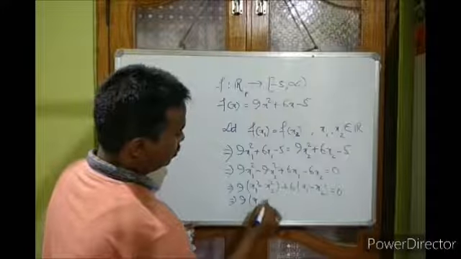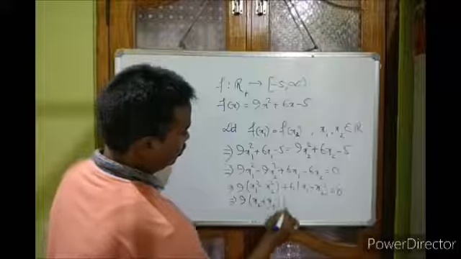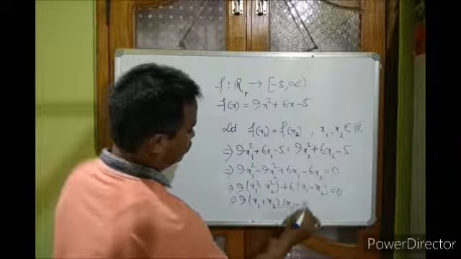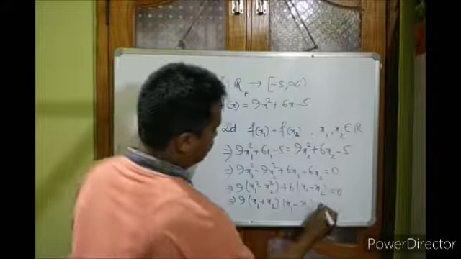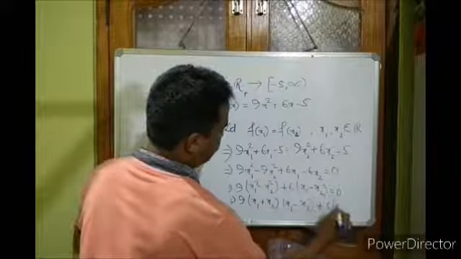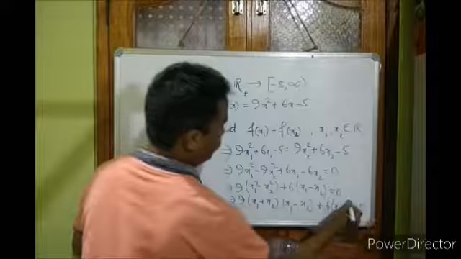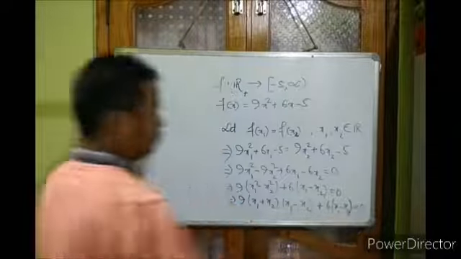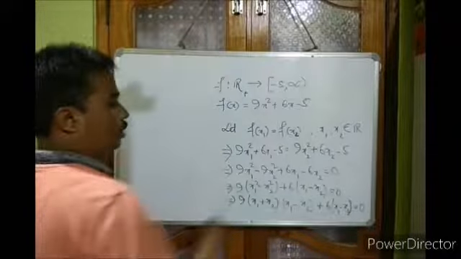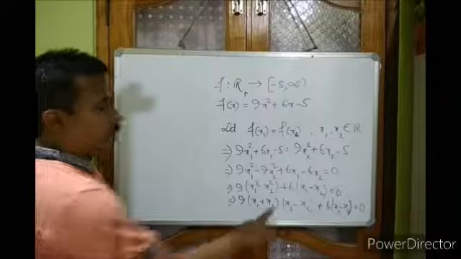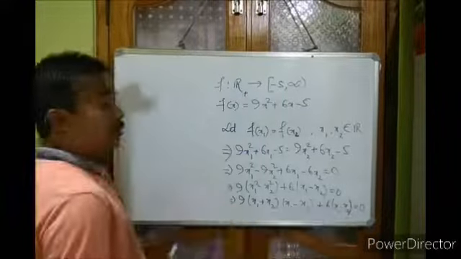x1 plus x2 into x1 minus x2 plus 6 into x1 minus x2 is equal to 0. So from here we can take x1 minus x2 common throughout.